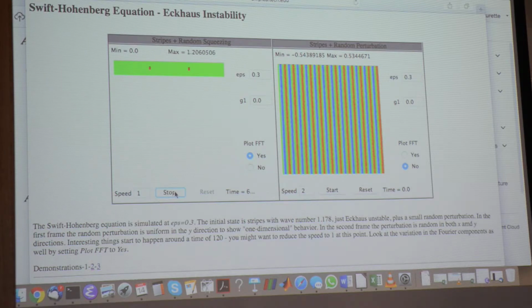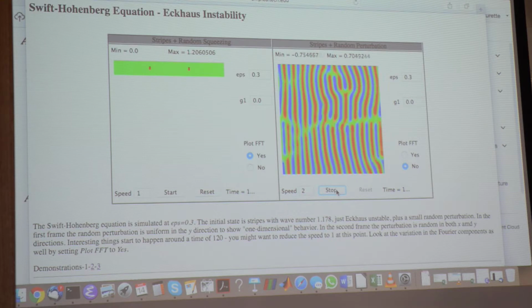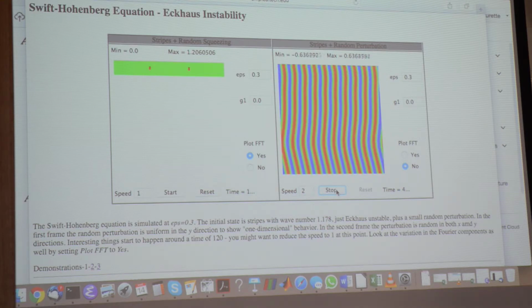Now here, this is the Eckhaus instability, but it's done more realistically. You don't have perfect straight stripes. Let's start it. You see it happen, and then it has to straighten itself out. And you saw that before, how it has to straighten itself out in the end.